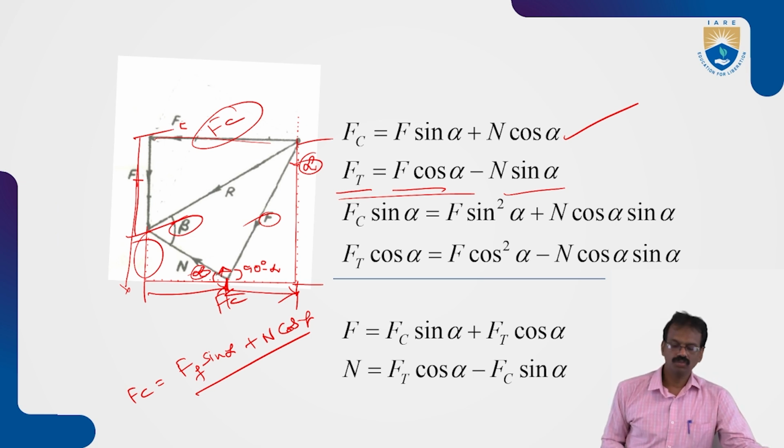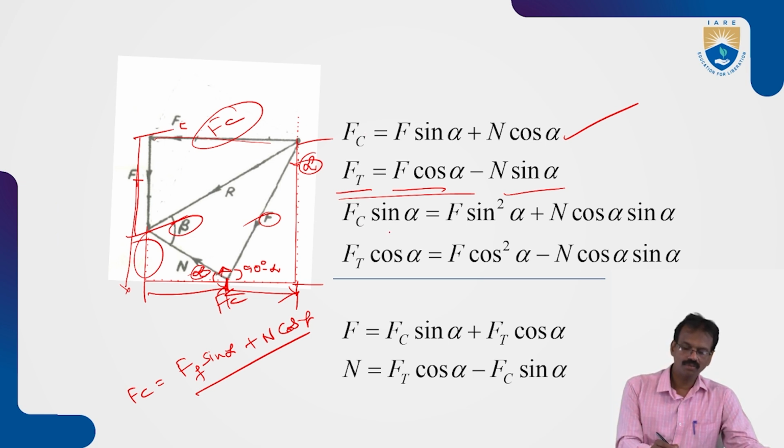So if you find Fc with sin alpha and Ft with cos alpha, you will get the F value also, because plus N cos alpha sin alpha and minus N cos alpha sin alpha will cancel. If you add these, sin square alpha plus cos square alpha is equal to 1.